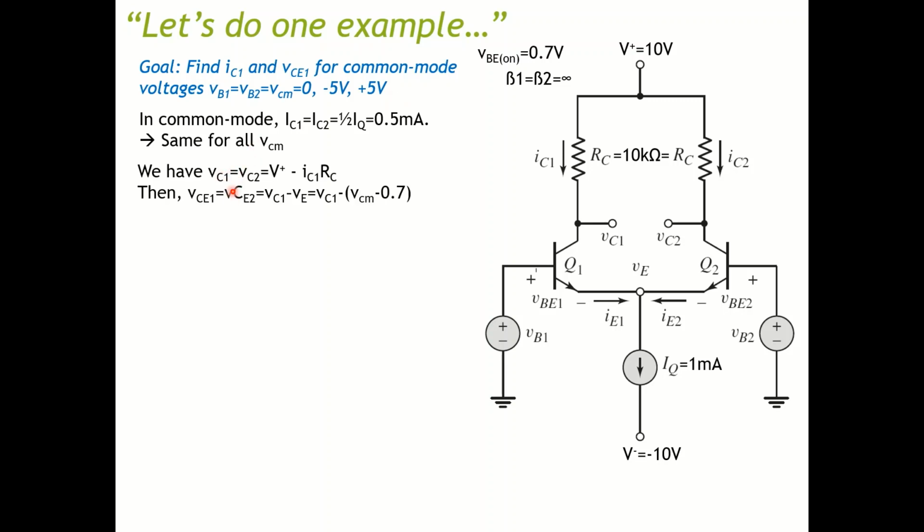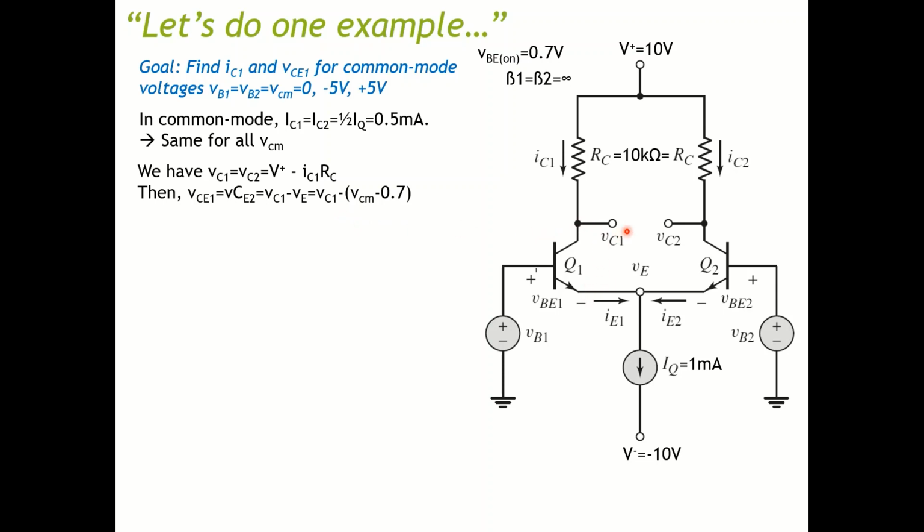Next, we can have VC1 equal to VC2, and how do you calculate that? You just bring this number, 10, minus the voltage across this resistance, which is IC1 multiplied by RC. Then how can I find VCE1, which is the voltage across here?